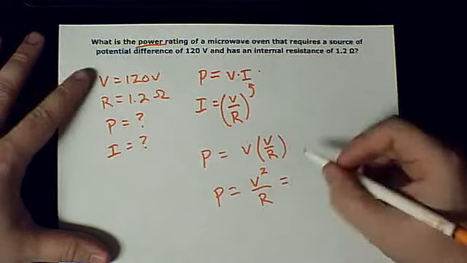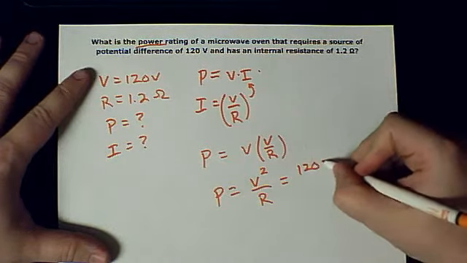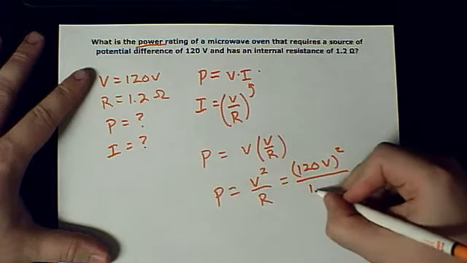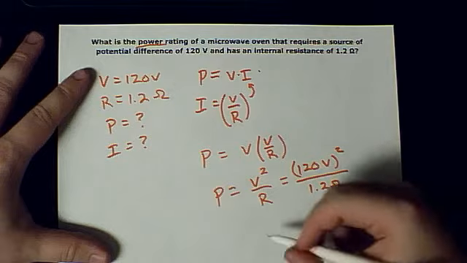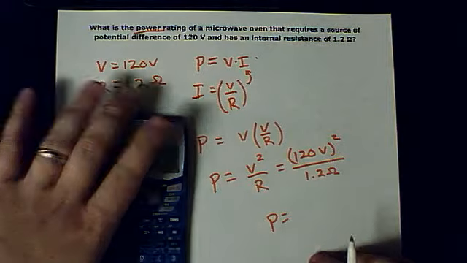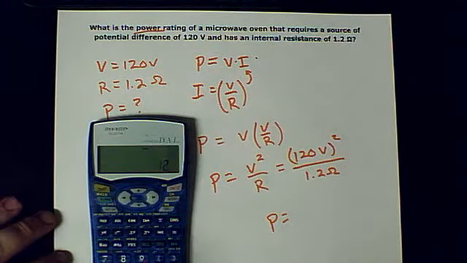So now I'm just going to plug in my numbers. I have 120 volts squared divided by 1.2 ohms. So my power is 120 squared divided by 1.2.